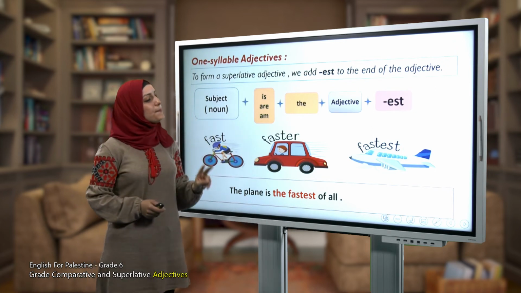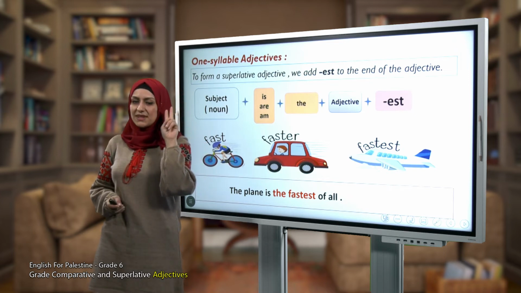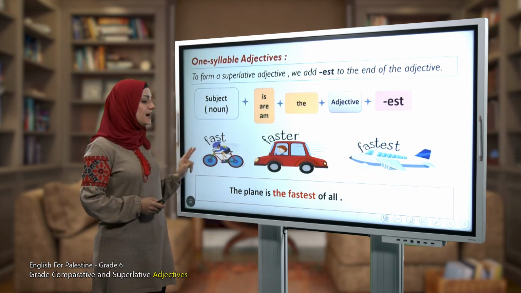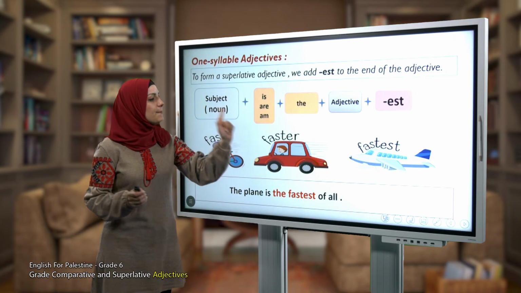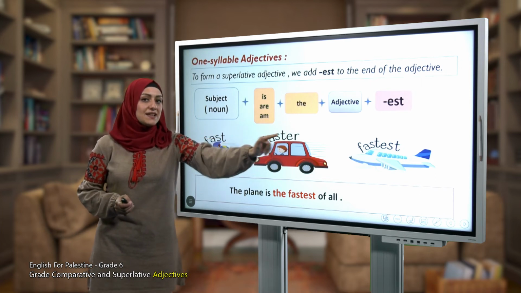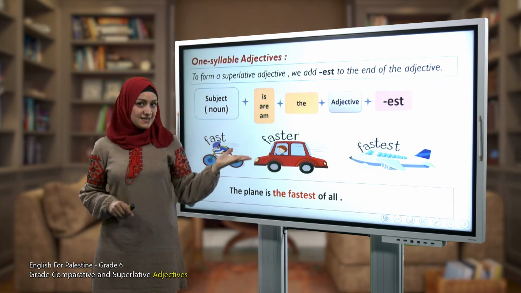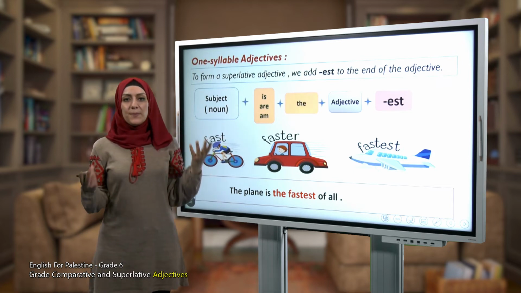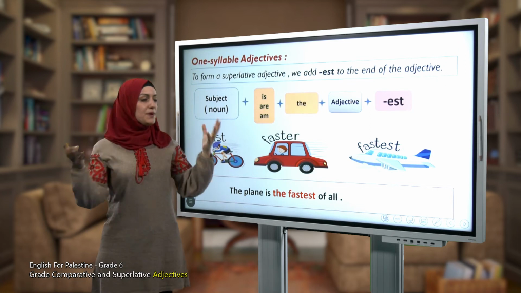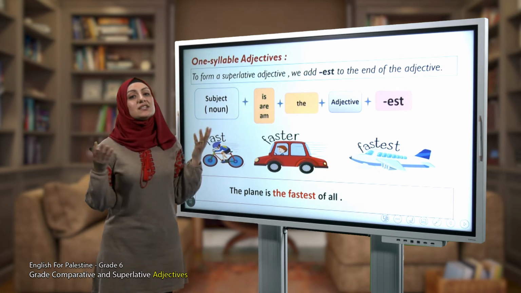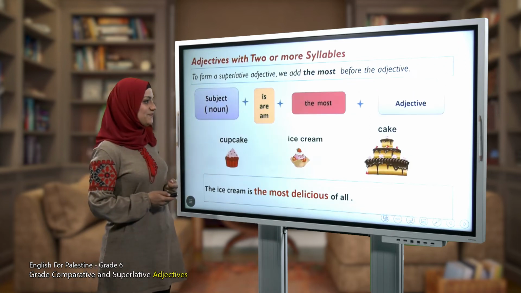Now we want to compare the plane with two things, with the car and the bicycle. So we say the plane is the fastest and it is also the safest. Excellent. So to compare one thing with a group of things, we use the superlative adjective.